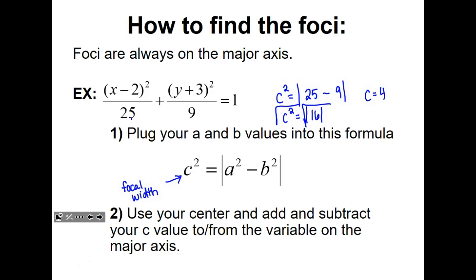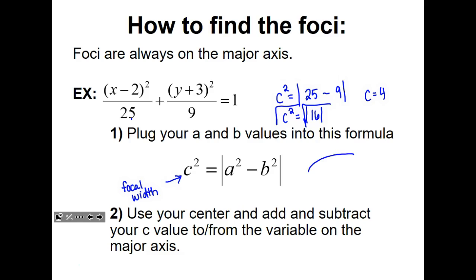All right. So what that tells me is that on my ellipse, the foci are 4 away from the center. So if I think of picturing this ellipse, you don't have to think so much about exactly where it's at, but we do need to think about whether this is a wide ellipse or a tall ellipse.